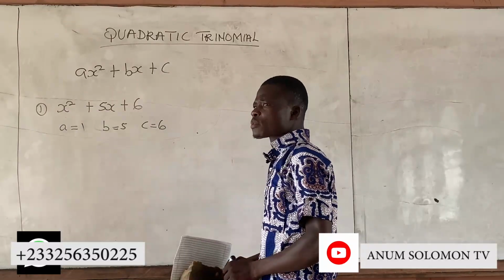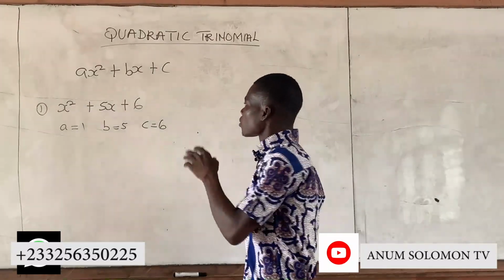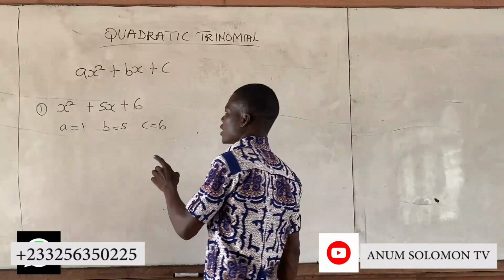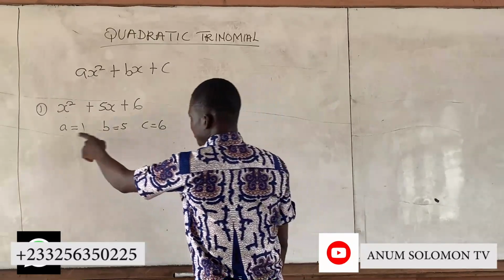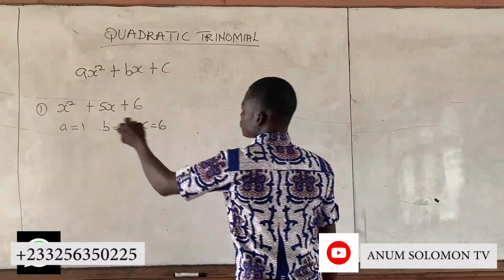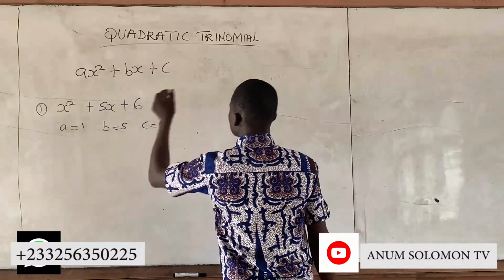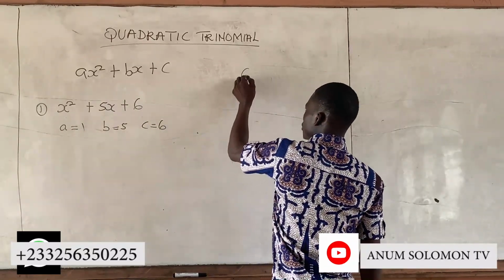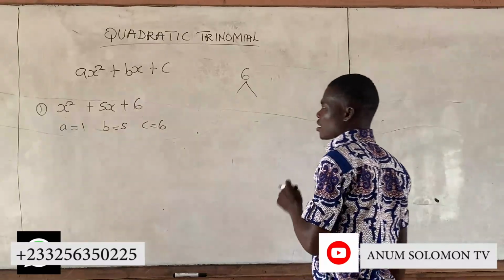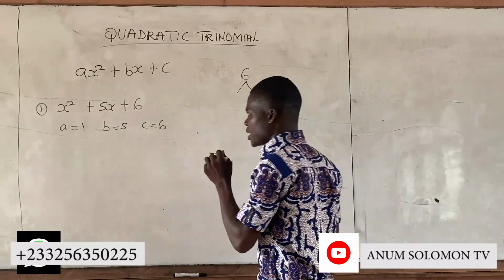So to factorize this quadratic trinomial, first we have to find the product of a and c. When we find our product of a and c, we get 6 times 1, or 1 times 6, which is the 6.